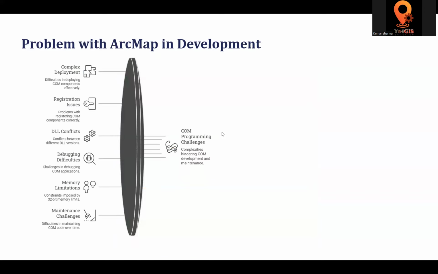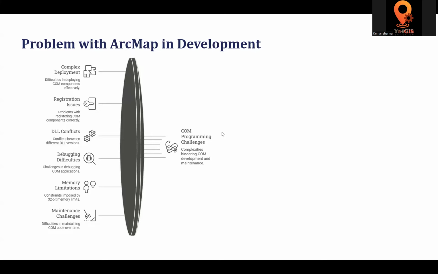So in the previous version, ArcMap, we definitely had an option for development as well. But as I already told you, in ArcMap, when we did the development, we used ArcObjects. But there we faced many problems. What are the main problems we faced in ArcMap? Complex deployment, registration issues, DLL conflicts, debugging difficulties, memory limitations, and maintenance challenges.